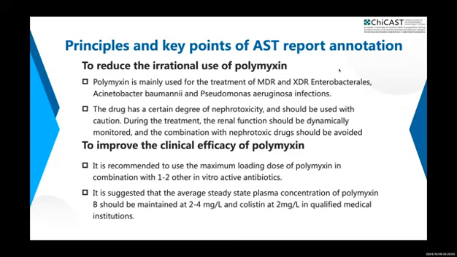And next, to improve the clinical efficacy of polymyxin, it is recommended to use a maximum loading dose of polymyxin in combination with 1 to 2 other in vitro active antibiotics. And it is also suggested that the average steady-state plasma concentration of polymyxin B should be maintained at 2 to 4 mg per liter and colistin at 2 mg per liter.